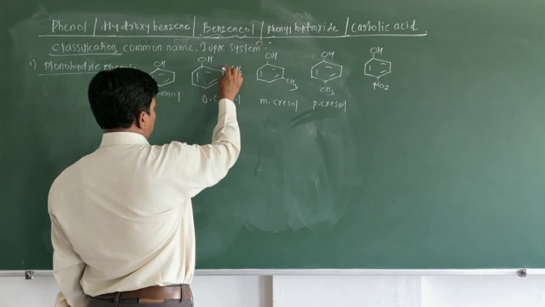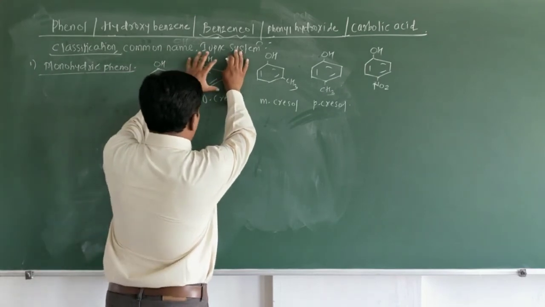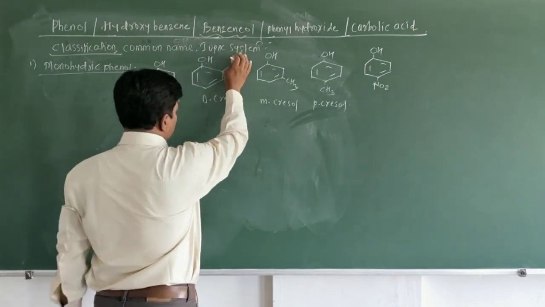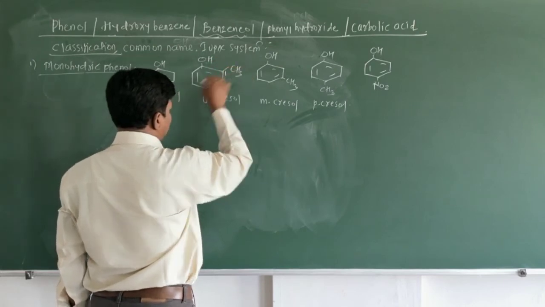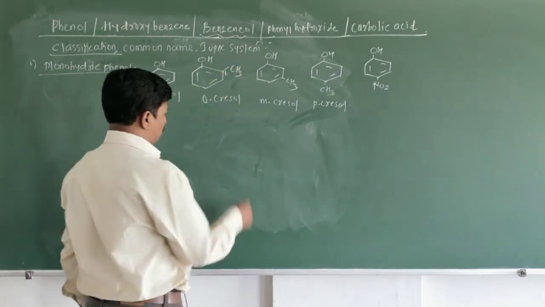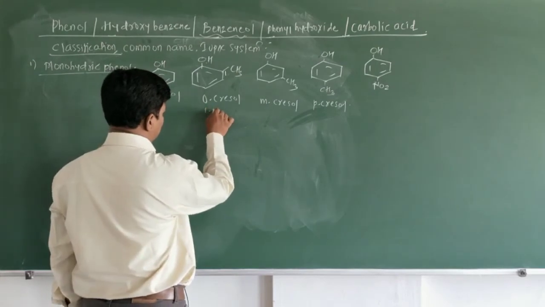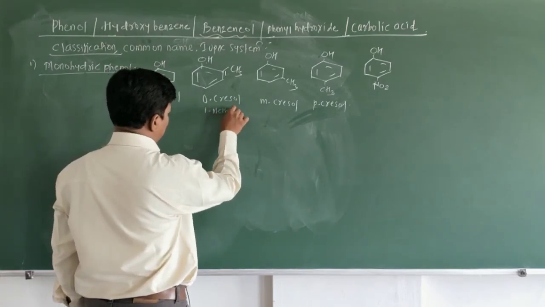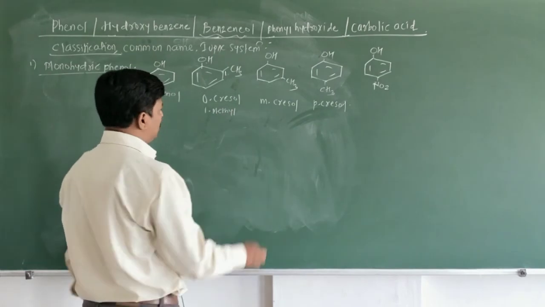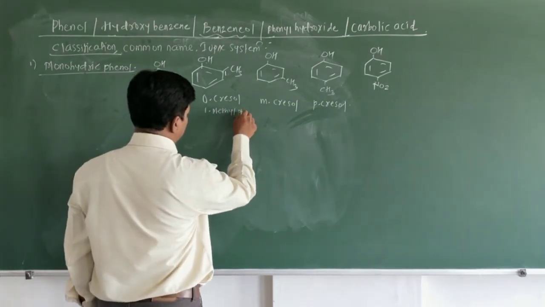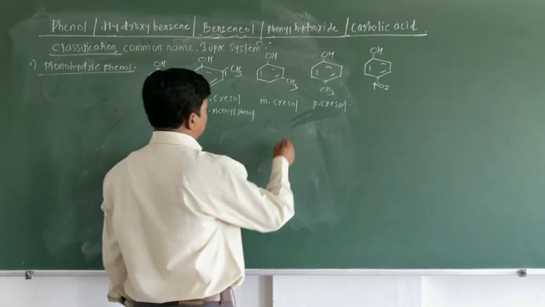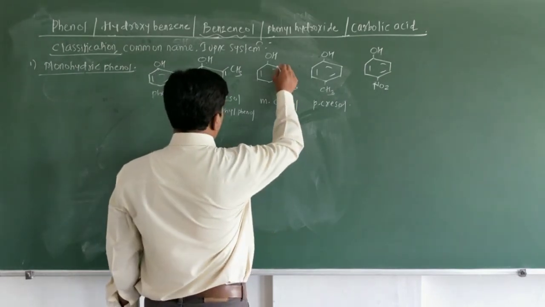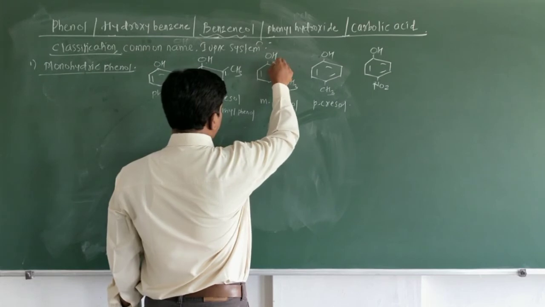So if benzene and OH is the parent compound, that is phenol, then with respect to OH, the CH3 is at the first position, meaning a methyl group is present. Therefore it is 1-methylphenol.